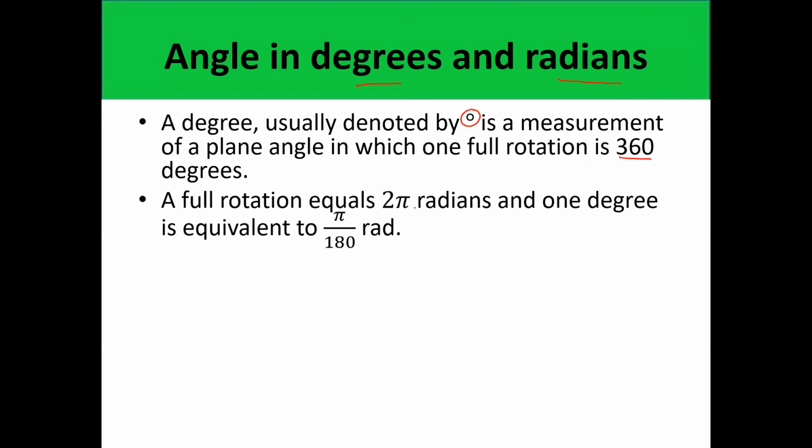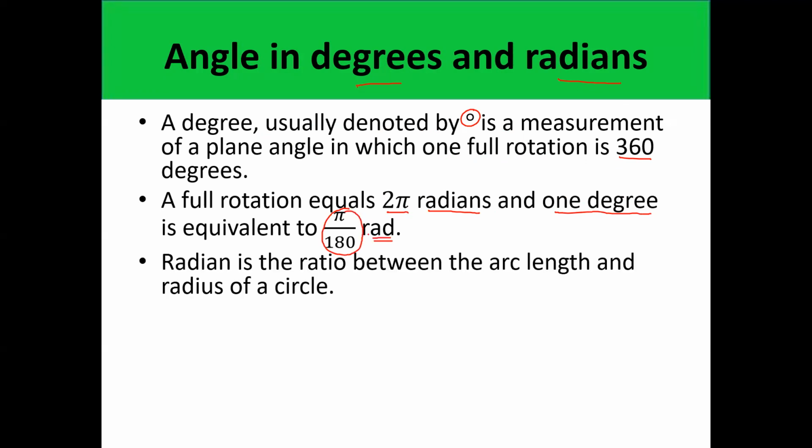A full rotation is equal to 2 pi radians, and 1 degree is equivalent to pi over 180 radians. Now, the radian is the ratio between the arc length and radius of a circle. And 2 pi radians is approximately 6.283 radians.